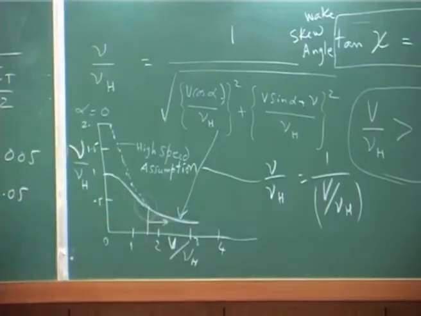Now at what point can I make the high speed assumption, at what velocity? That was the question. The velocity at which you can make the high speed assumption, where you are not making a lot of error, is when V over nu h is greater than 1.5.